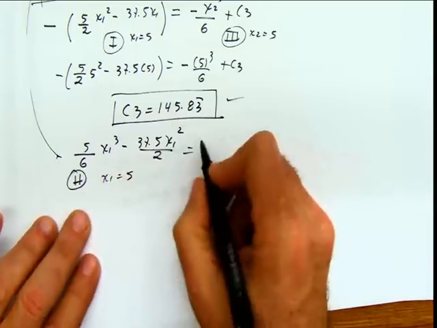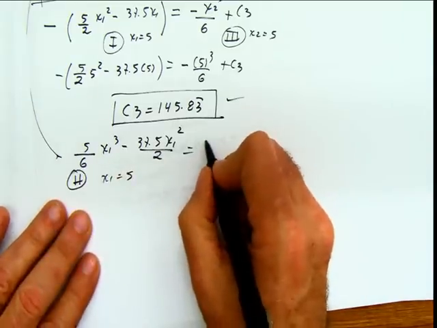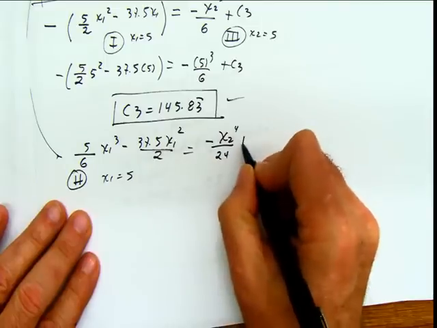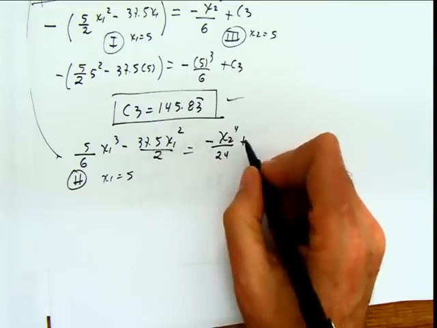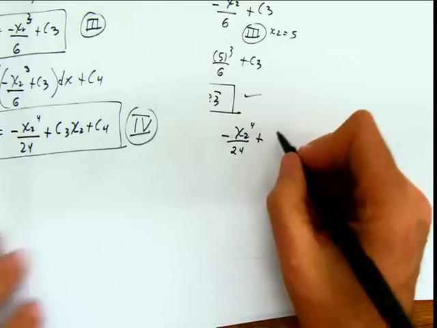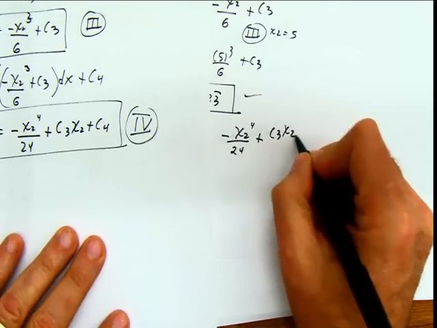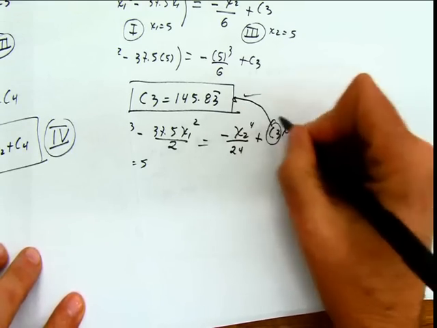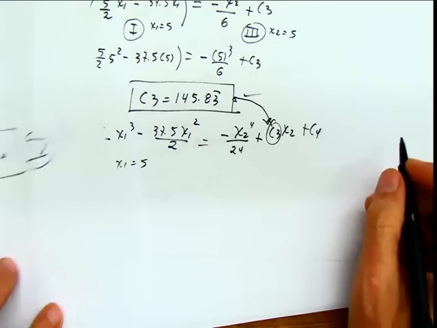My equation number 4 is negative x2 to the 4th divided by 24 plus C3 x2 plus C4, but this C3 is that value that we just got from before.